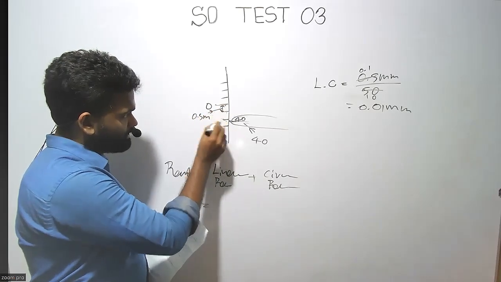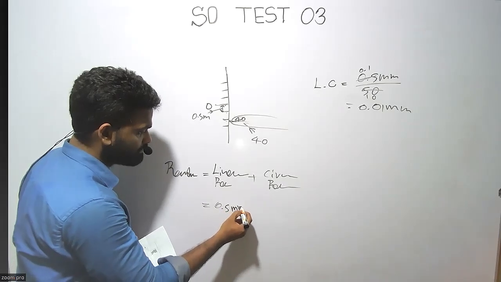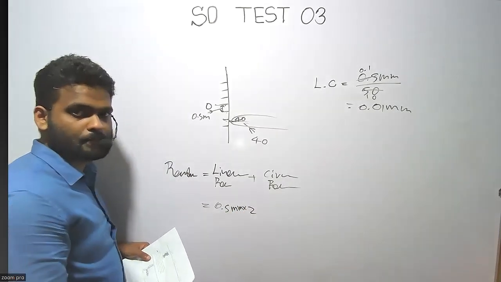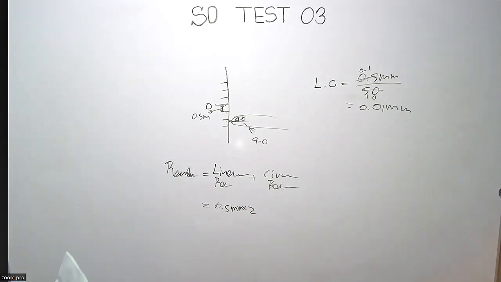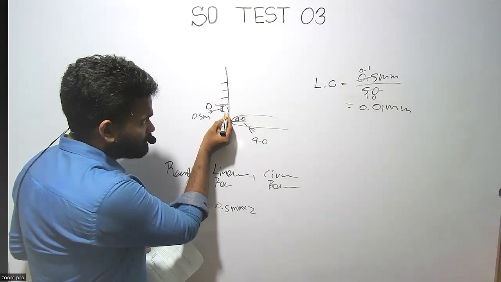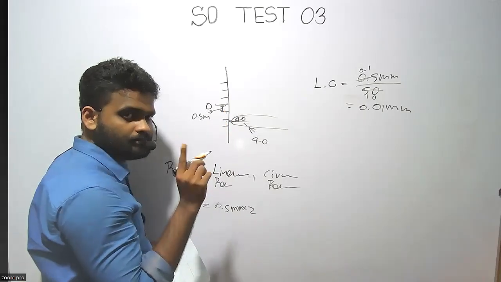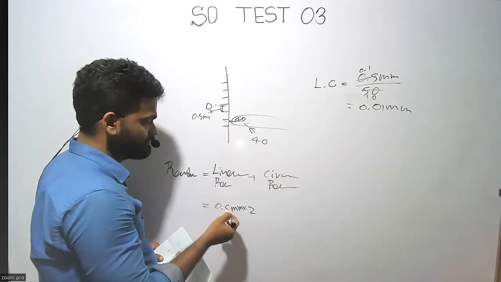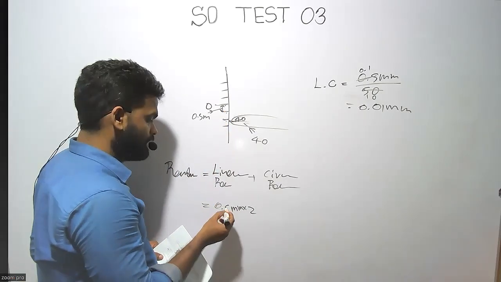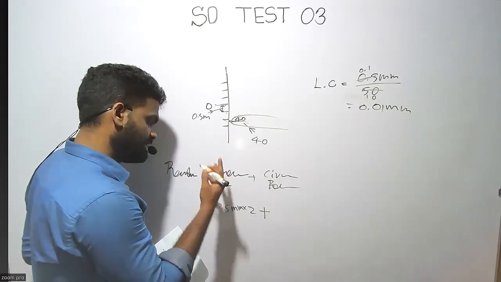So there are 2 parts. So the linear reading should be 0.5 millimeters times 2. If they have separated into half one of these, then you can consider this to be 2 millimeters, right? But here it is 1 millimeter. 0.5 times 2. So that's the linear reading.